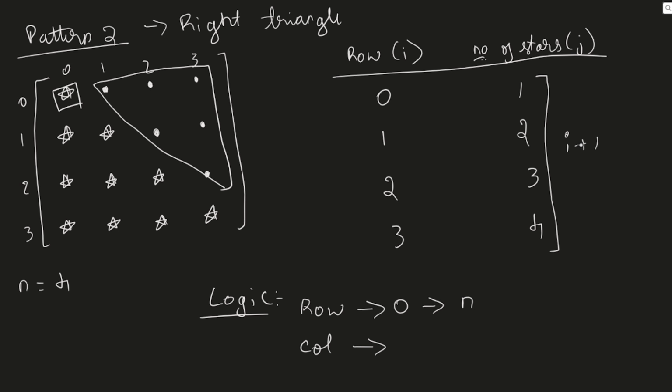Let us check if this holds good for every row. 0, 0 plus 1 is 1. 1, 1 plus 1, 2. 2 plus 1, 3. 3 plus 1, 4. That's it. We got a magic number here, that is I plus 1, meaning row should run from 0 to n, column should run from 0 to I plus 1.